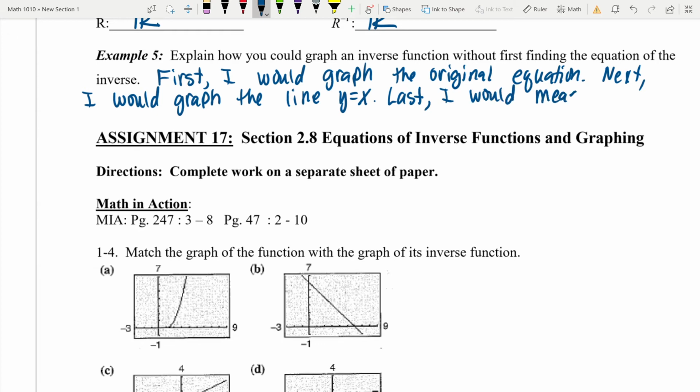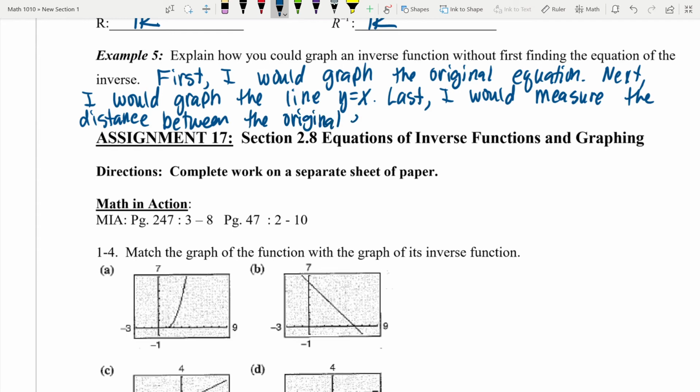we're not really measuring, but we'll say measure the distance between the original equation and the line y equals x, okay?